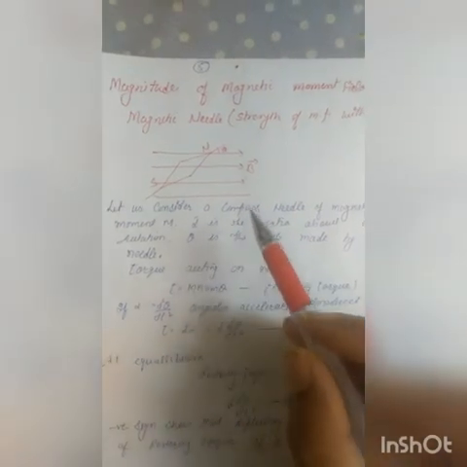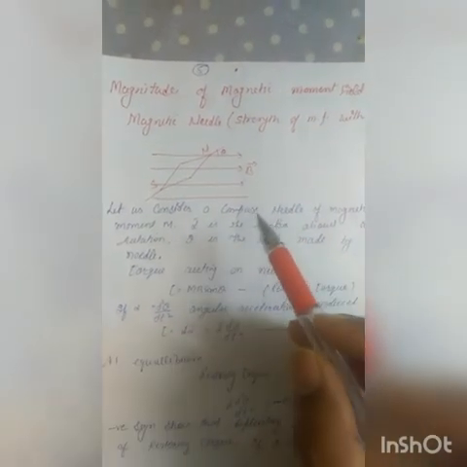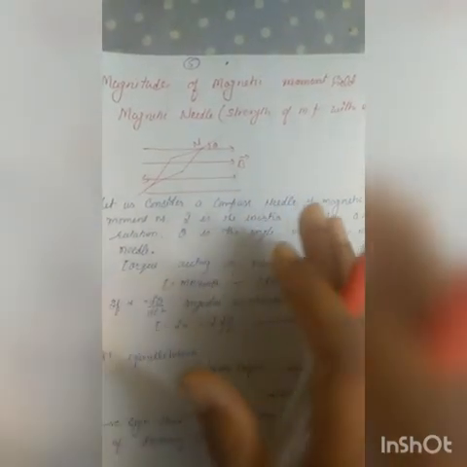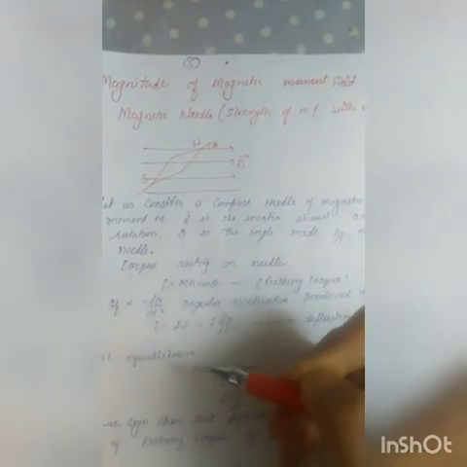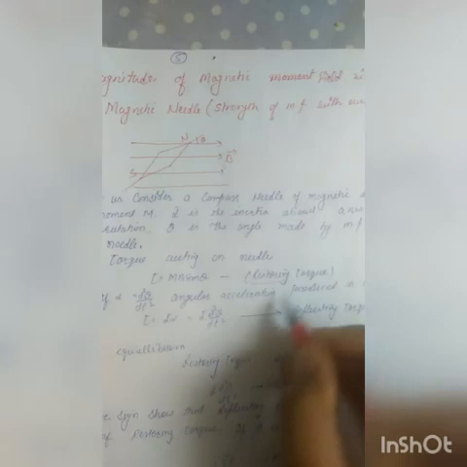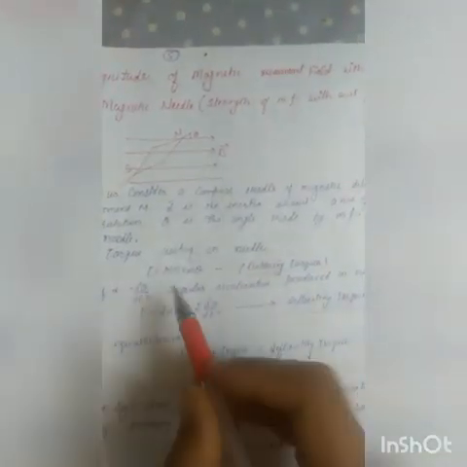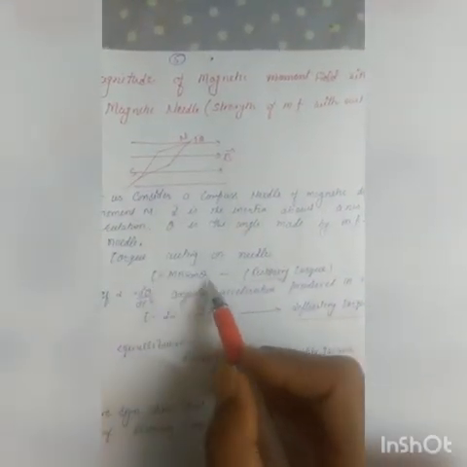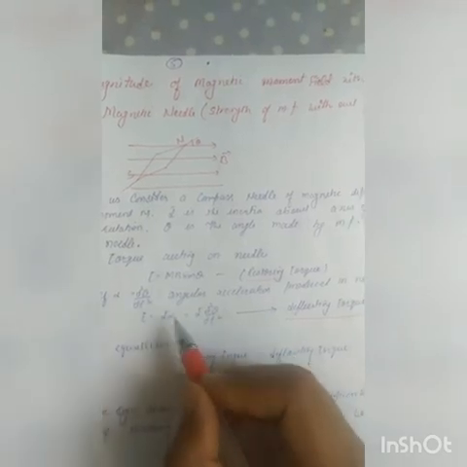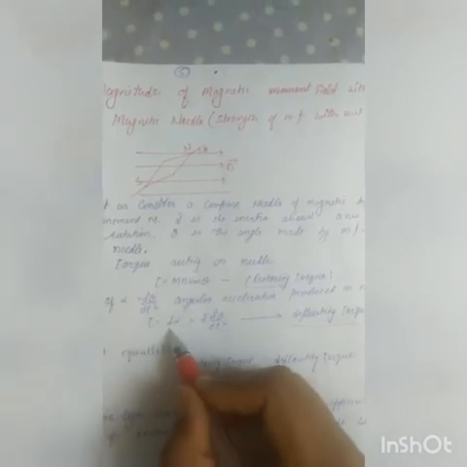In order to find the time period, we see that this magnetic needle will start vibrating, which means it experiences a torque. There are two kinds of torques acting on the needle: one is the restoring torque and the second is the deflecting torque. Restoring torque is m b sin theta and deflecting torque is equal to I alpha, where alpha is the angular acceleration and I is the moment of inertia.